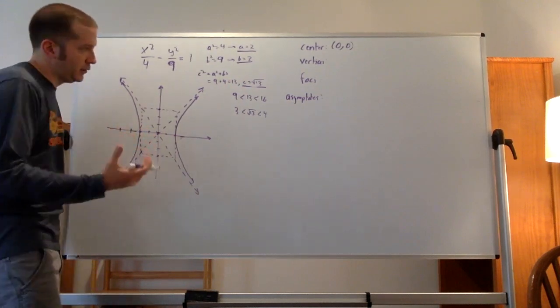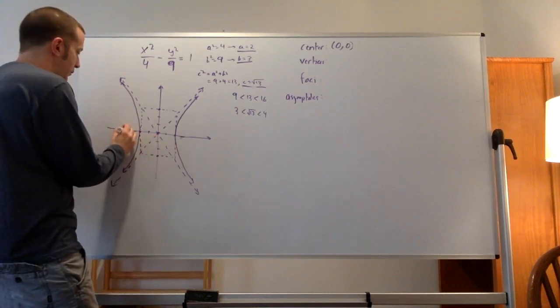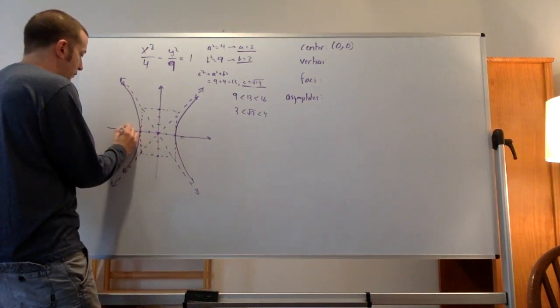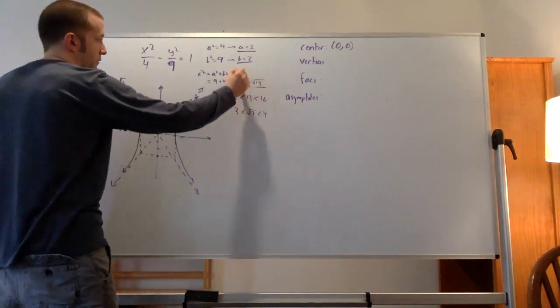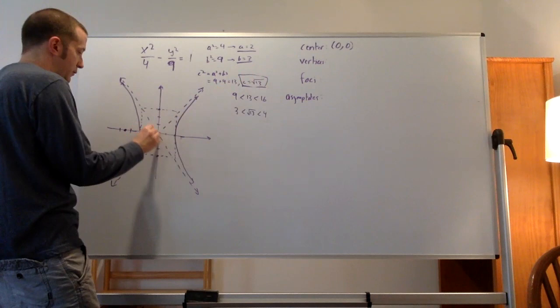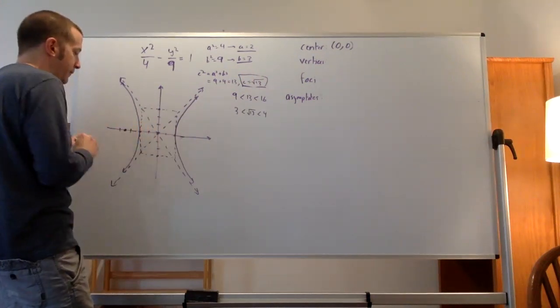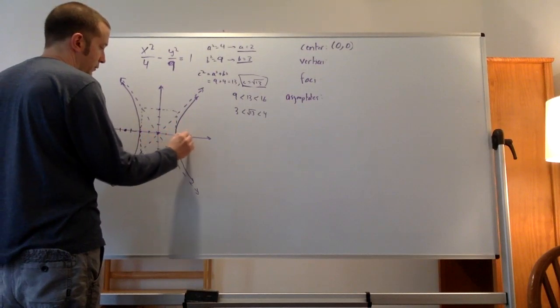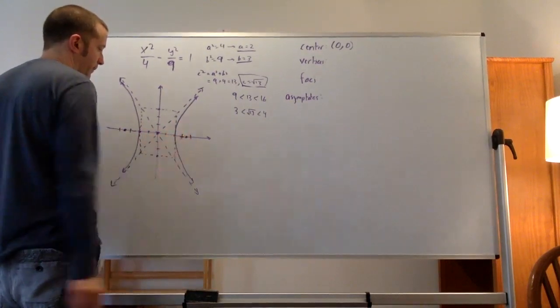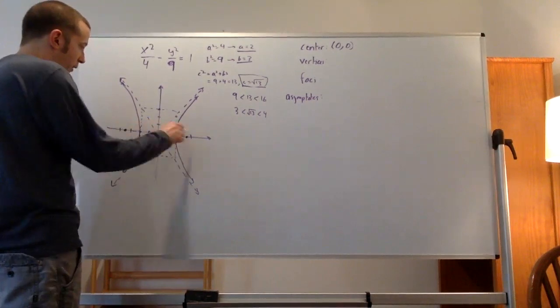You might be like, is it closer to 3 or 4? I don't care. Just put it in between 3 and 4. Put it halfway. That's one of the foci. I went over this distance, root 13, from the center. 1, 2, 3, and a little bit. I'm going to do the same thing to the right. 1, 2, 3, and a little bit. So these are my two foci.